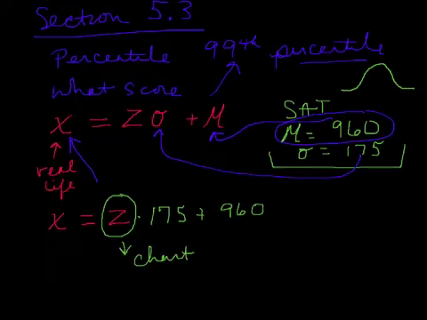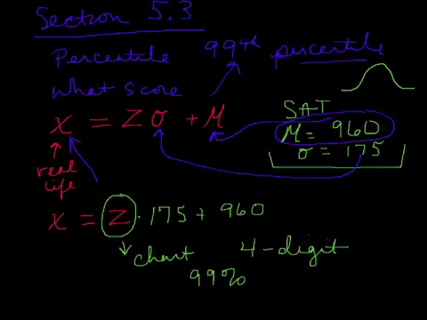Now, before I pull that chart up, let's talk about what you're looking for. You're trying to find your z-score. You don't have a z-score. What you do have, even though it doesn't look like it, is one of those weird 4-digit chart numbers. 99% is what you have. What score goes with the 99th percentile, so you had a percent, which means you had one of the 4-digit chart numbers.